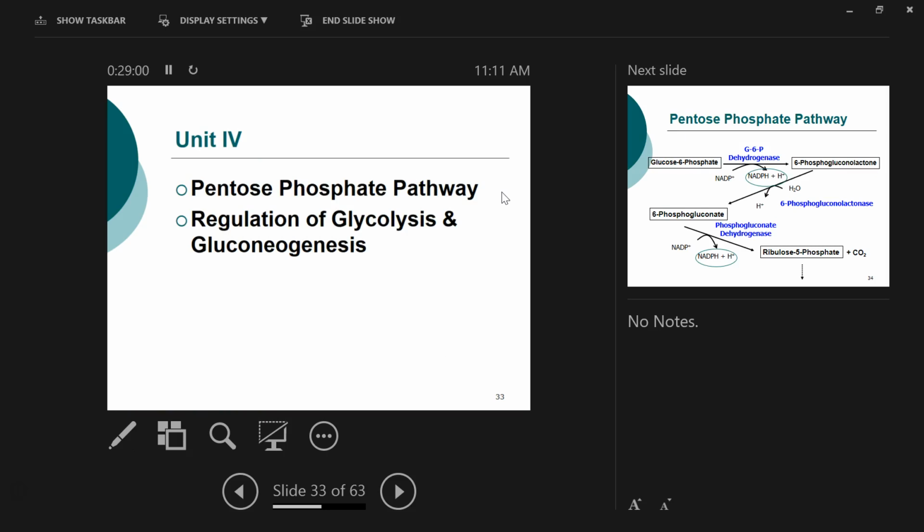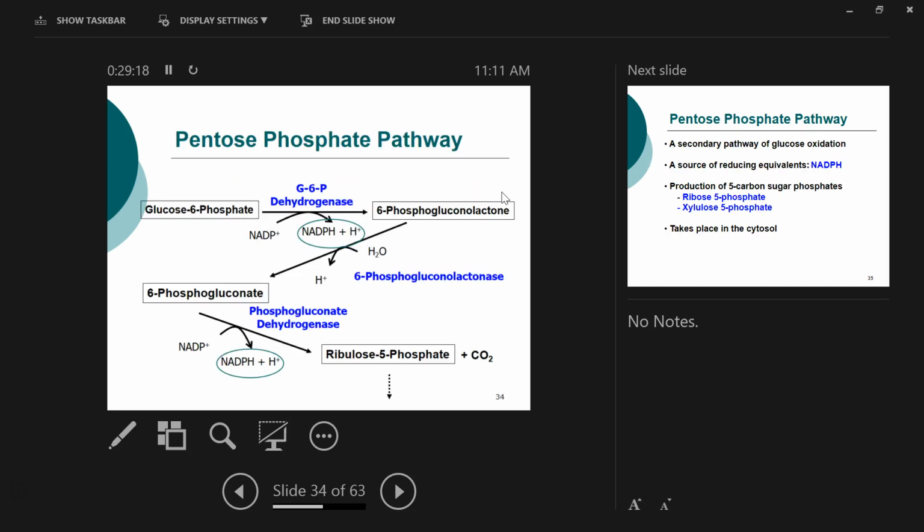Okay, the third pathway of glucose metabolism we're going to talk about is the pentose phosphate pathway. The pentose phosphate pathway is relatively simple. What you need to know is the substrate, the starting molecule, which is glucose 6-phosphate.